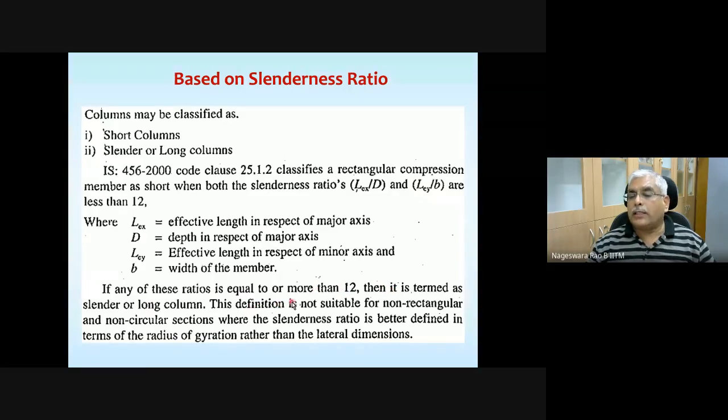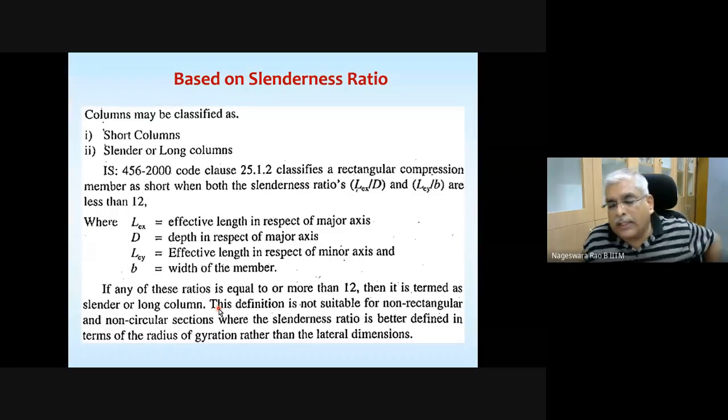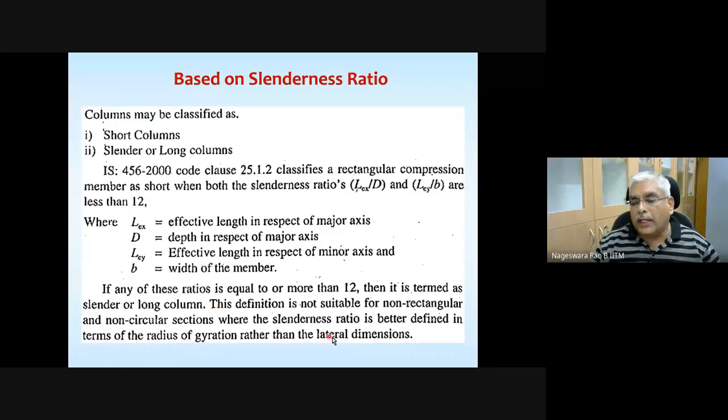This definition is not suitable for non-rectangular, non-circular columns, where slenderness ratio is better defined in terms of radius of gyration rather than lateral dimensions. As part of a steel design course, usually in steel design we will be making use of this radius of gyration. Anyway, just make a note of it.